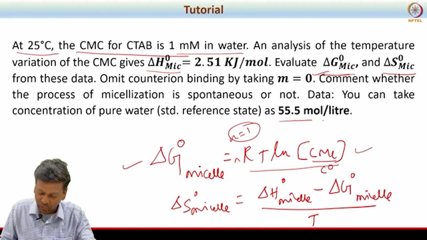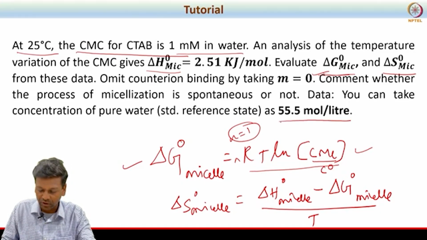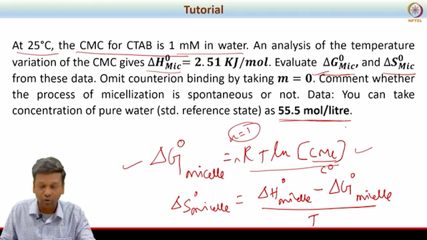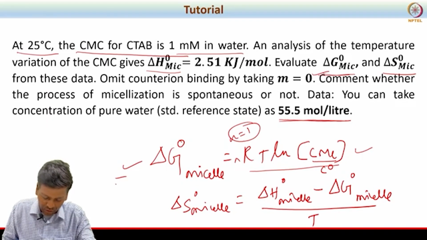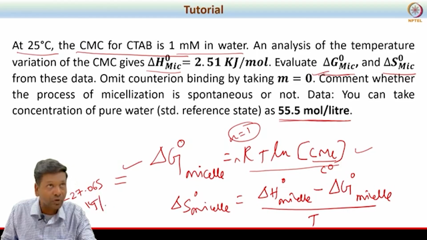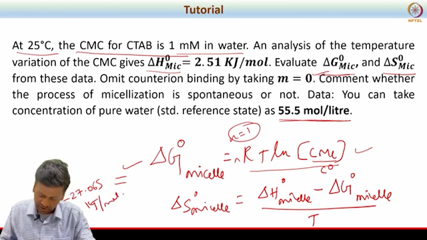In this case, it is pure water, which is 55.5 moles per liter. When you substitute this, you would get delta G of micellization at standard reference state as minus 27.065 kilojoule per mole.